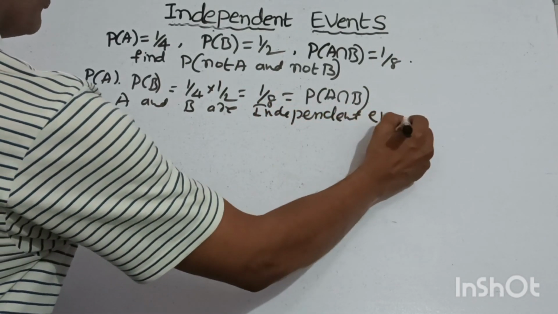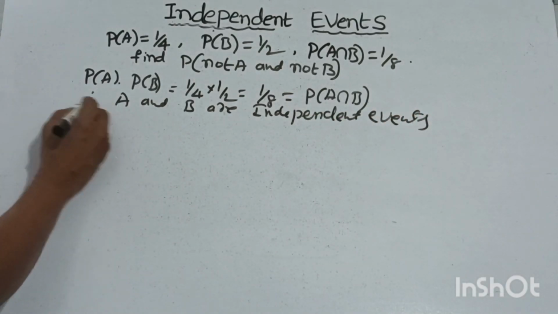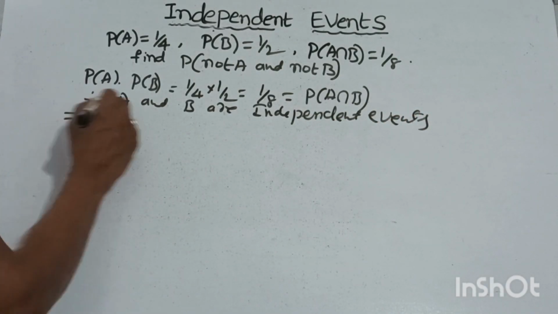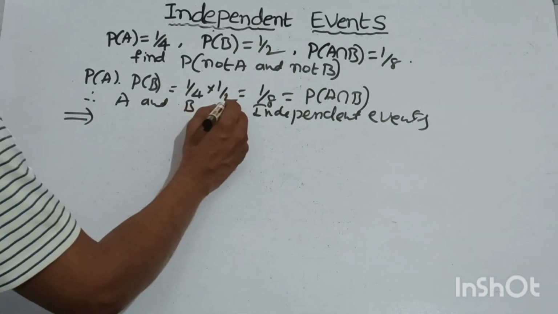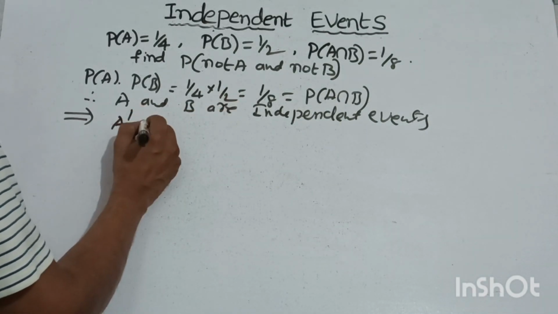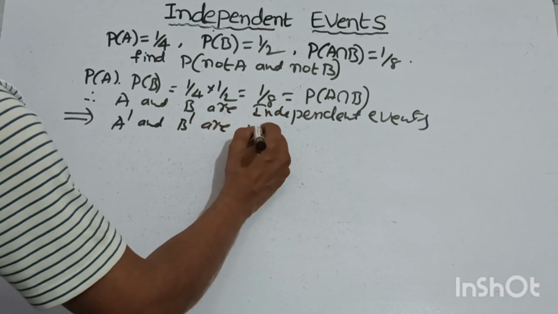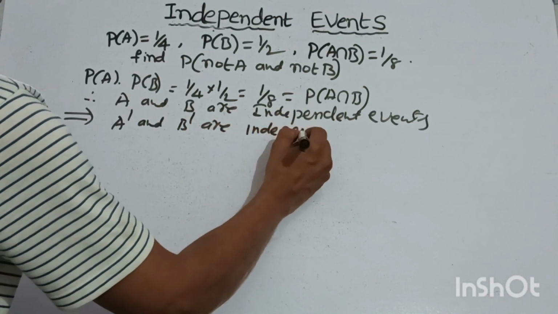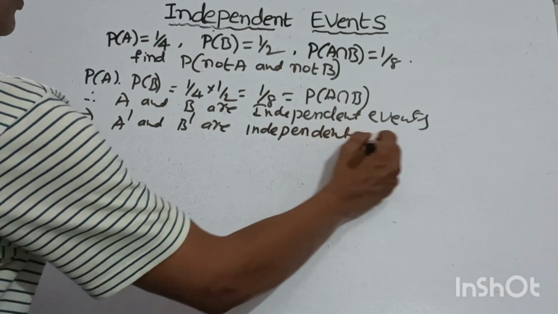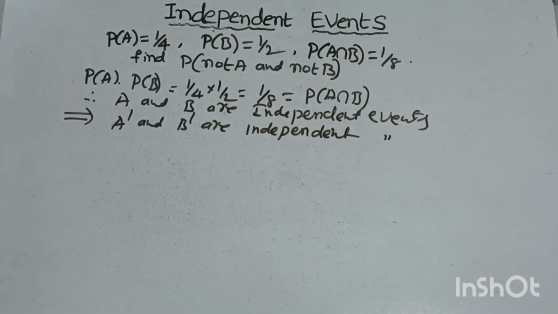Which implies when A and B are independent events, then A complement and B complement are also independent events. So it is very important.